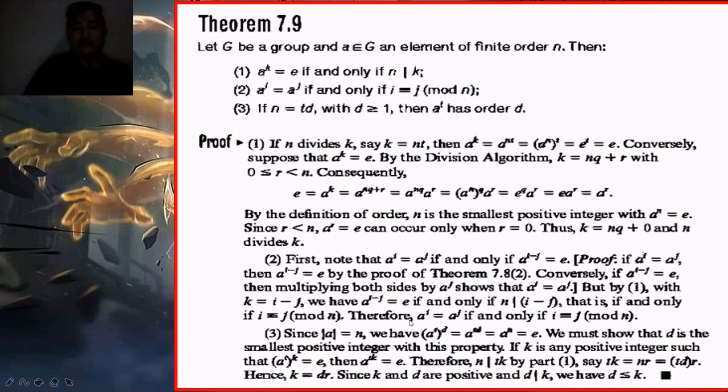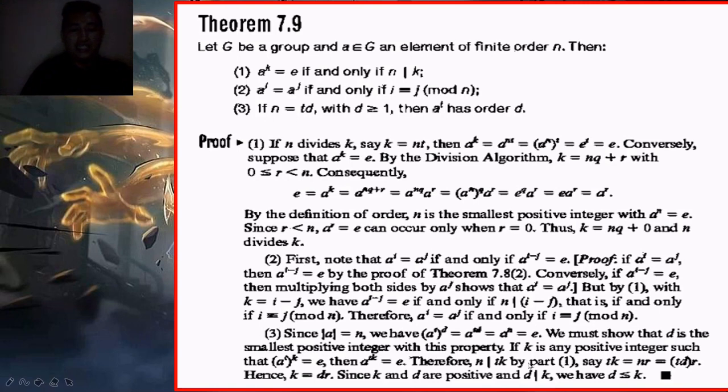Okay. So therefore, A to the power of I is equal to A^J if and only if I is congruent to J mod N. Done with number 2, property 2.